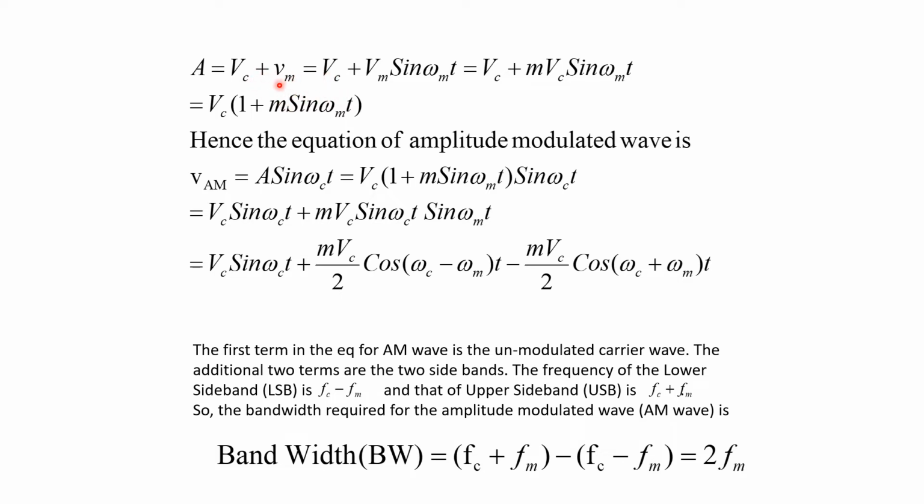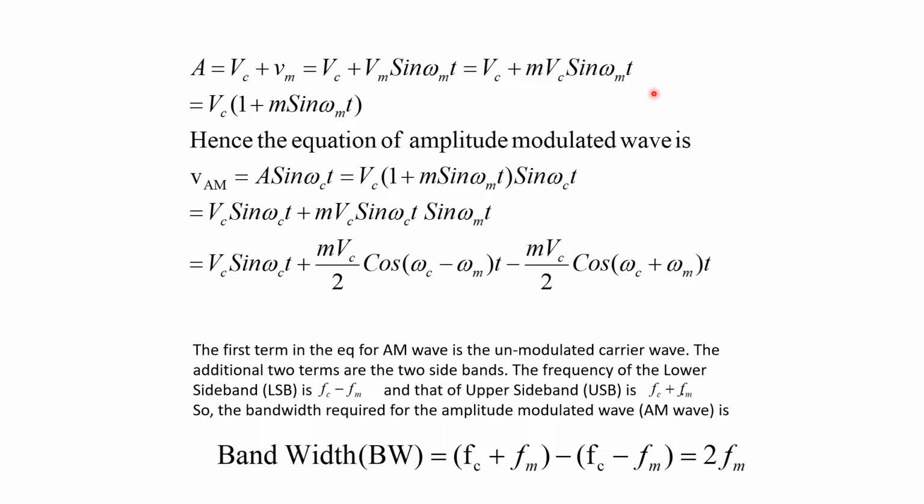Or if the instantaneous value of message signal is substituted in this equation, the amplitude of the modulated wave at a particular point of time will be Vc plus Vm sine omega mt.